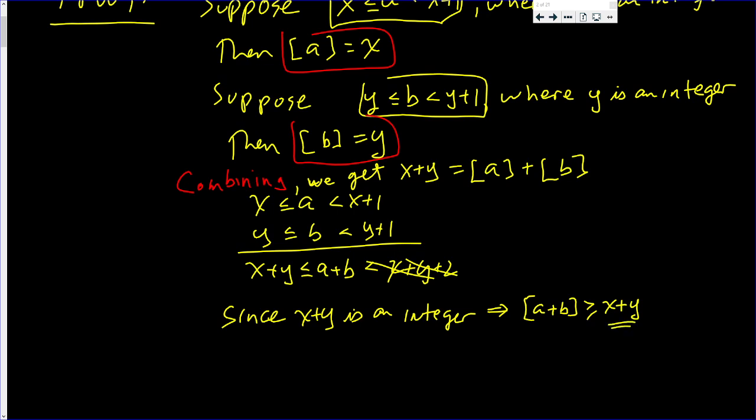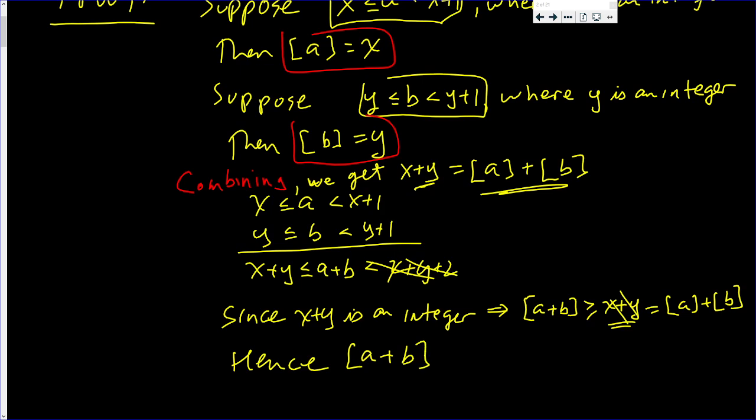So this is equal to that. This is equal to this. Hence, just ignoring the middle part, the greatest integer of a plus b is greater than or equal to the greatest integer of a plus the greatest integer of b.